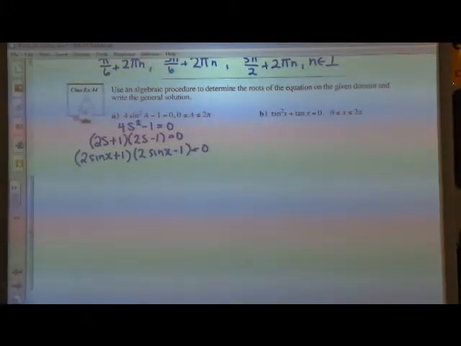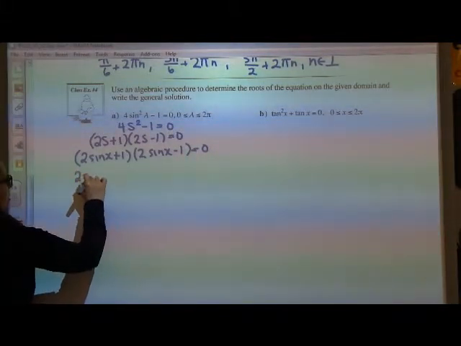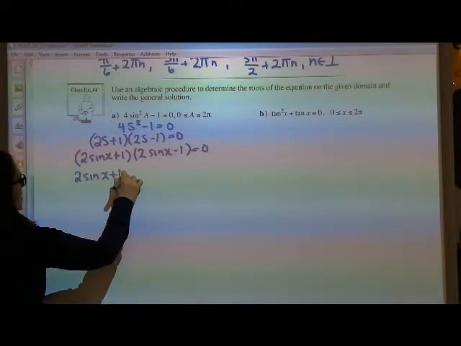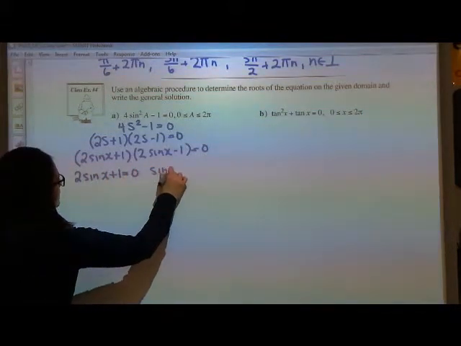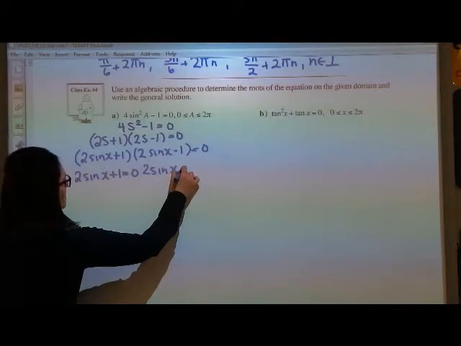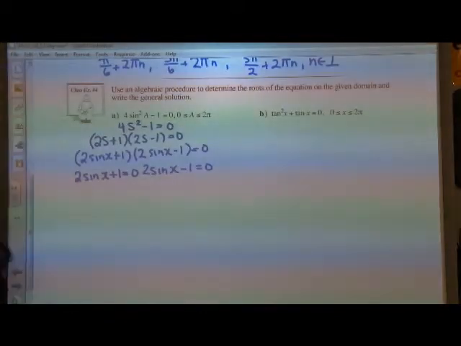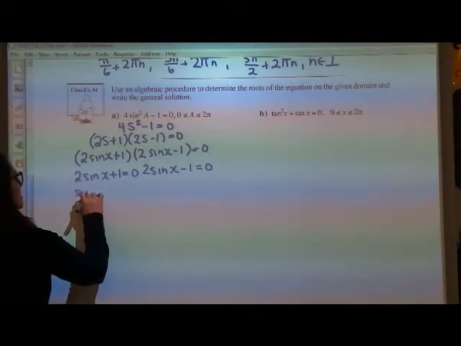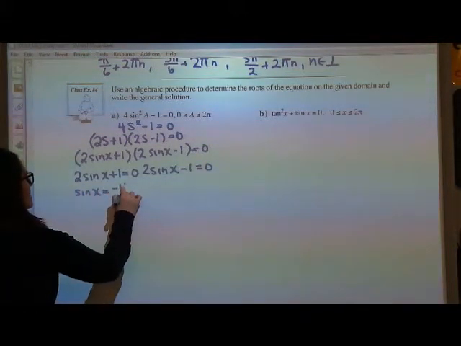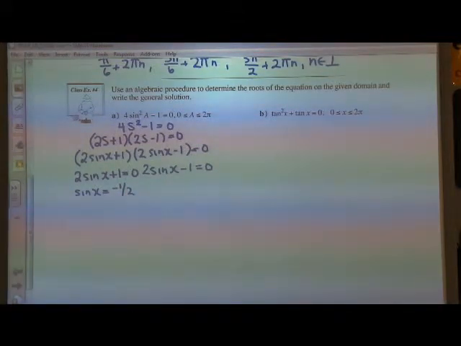And then I let each of those factors be equal to 0, and then we go ahead and solve them. So with the 2 sine x plus 1, I would have to isolate sine x. So sine x equals -1/2.